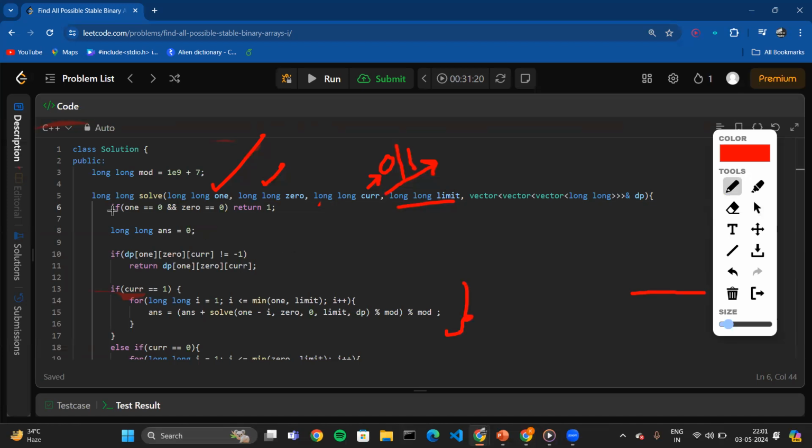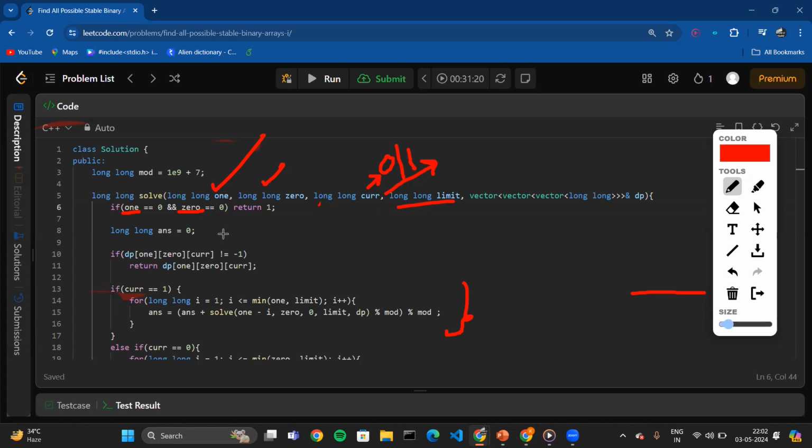Now what will be my base case? I need an array such that both zeros and ones are exhausted, then I will return a one. That means I have made the array. And of course, the limit condition I will ensure while selecting itself.